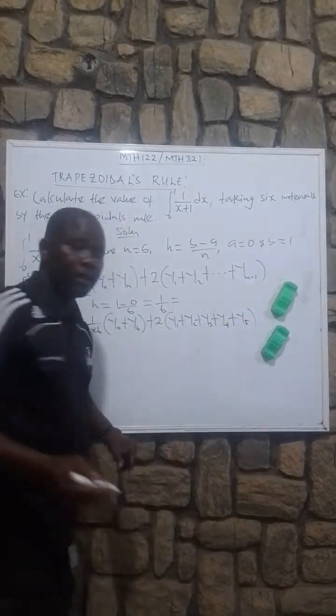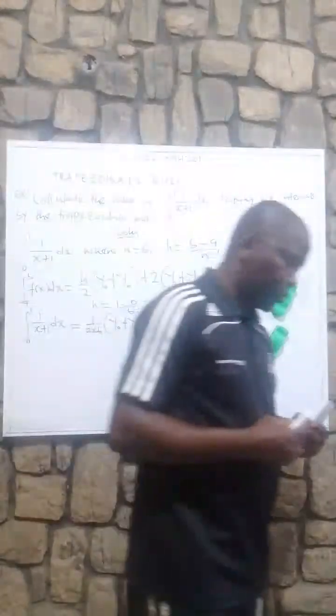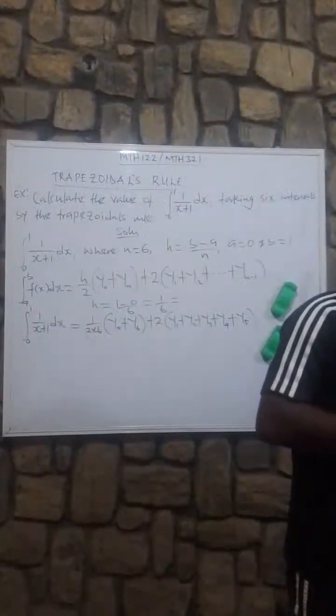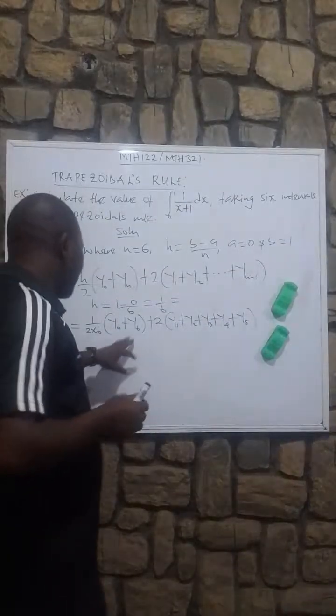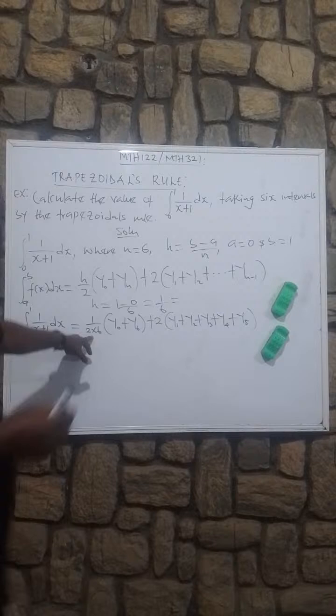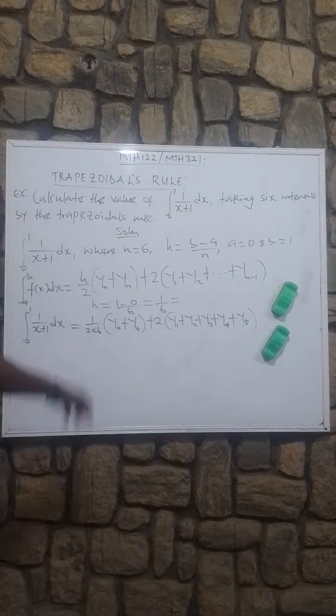Am I right? It's true, right? So here will automatically give us 1 all over 12.